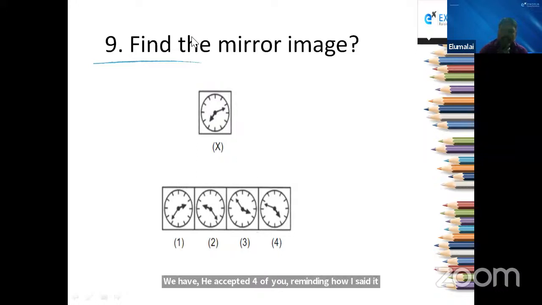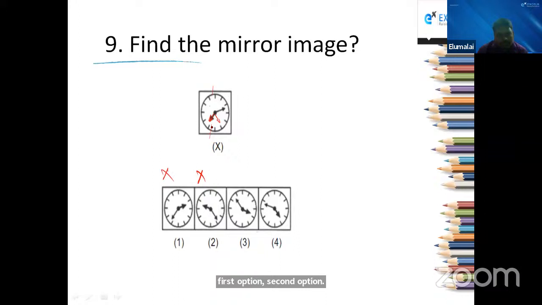See, here it is very simple. Left side objects will be in right hand side, isn't it? So if you take this straight line vertically, right, then this hand will be in this direction, isn't it? So based on that property, you could have eliminated first option, second option, isn't it?